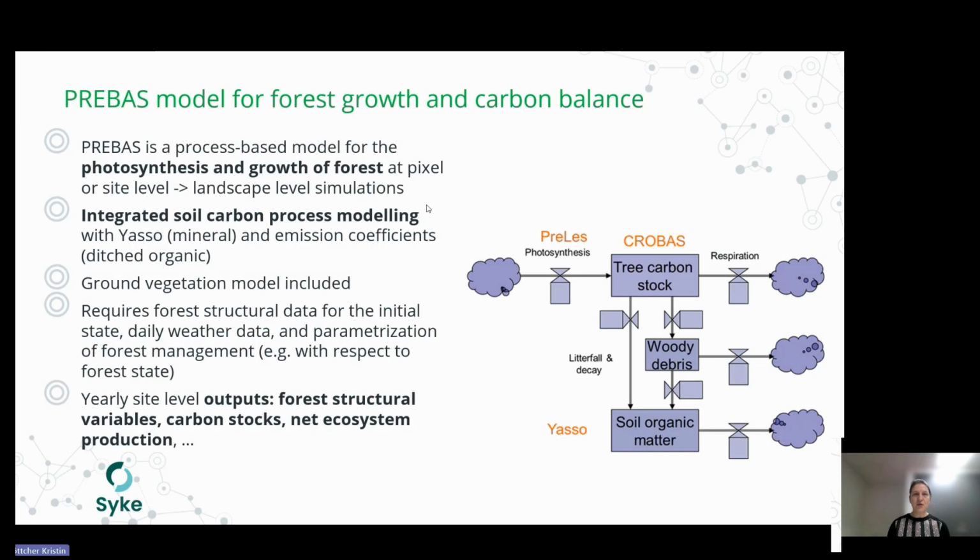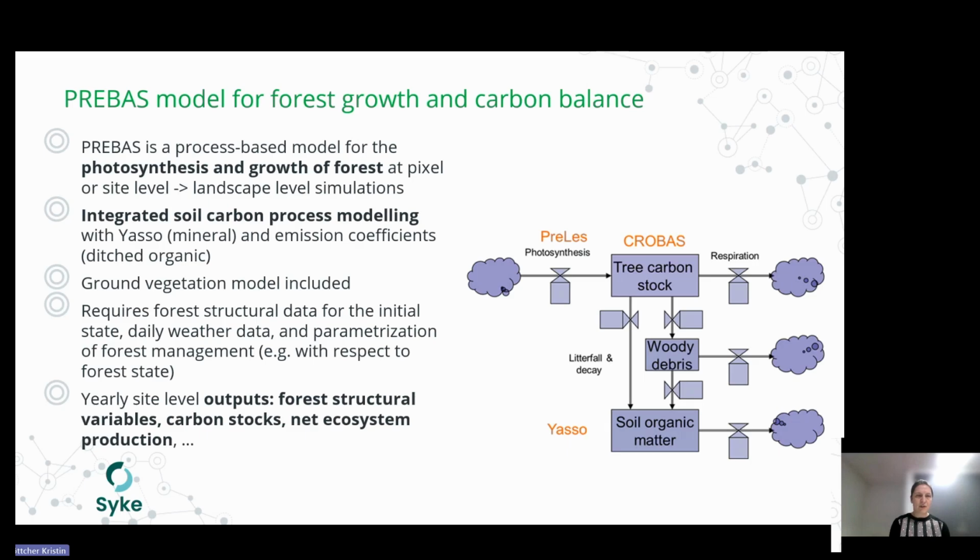Then I just show you an overview of the PREBAS model that we use for the modeling of forest growth and carbon balance. As I said earlier, it's a process-based model that simulates photosynthesis and the growth of forest at the pixel or site level. We can also do landscape simulation with that. And it has an integrated soil carbon process model for mineral soils based on Yasso, and then emission coefficients for drained organic soils.